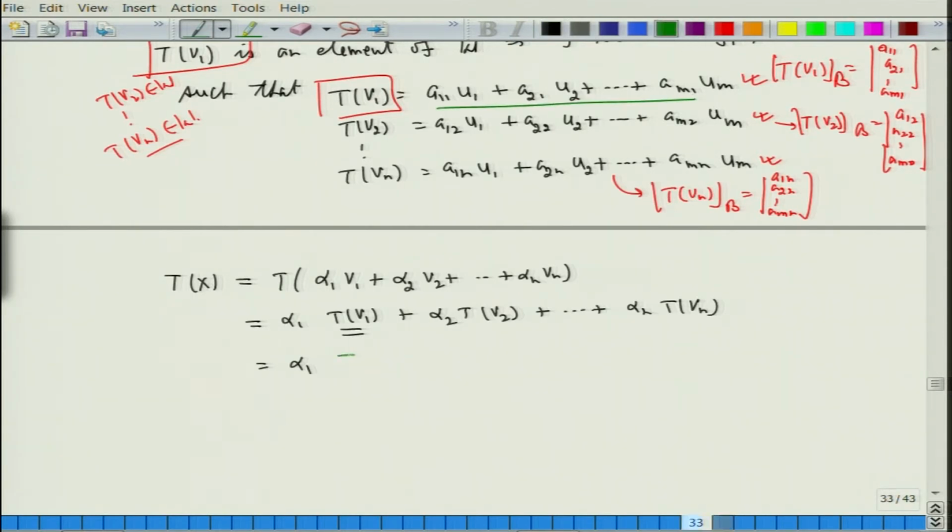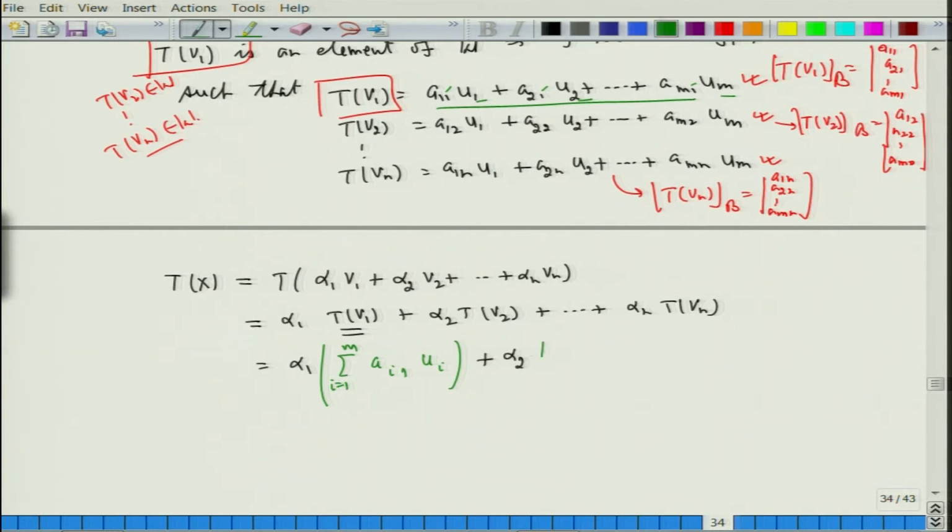So what I have is summation of A, Ui, i going from 1 to m, U1, U2, Um. Look at this, 1 is here, 1 is here, 1 is here, and the first part is changing. So I am writing Ai1 here. Is that okay? So this is my T of V1. Similarly, I have plus alpha 2.